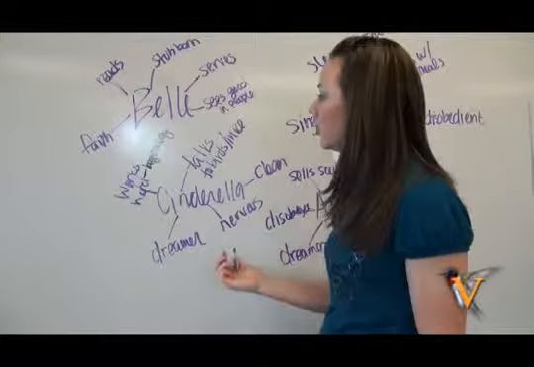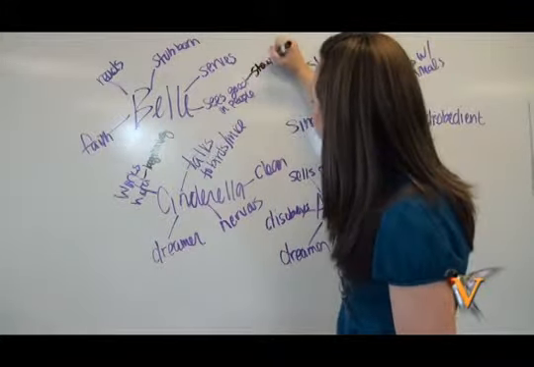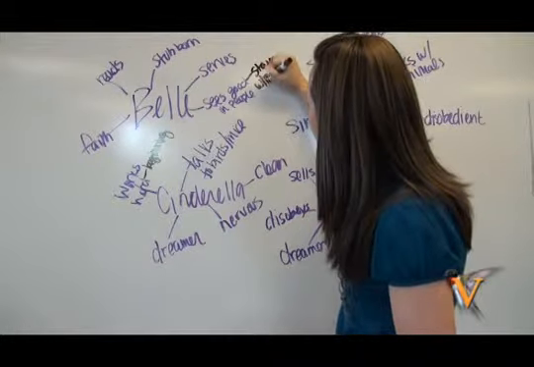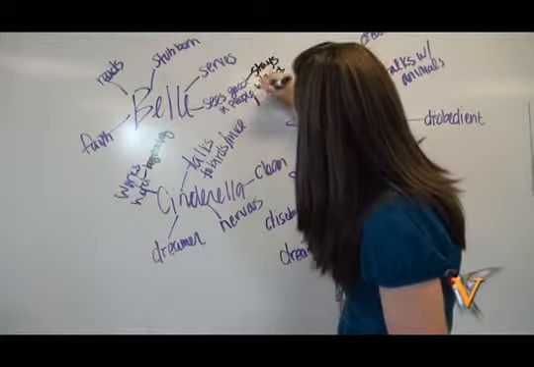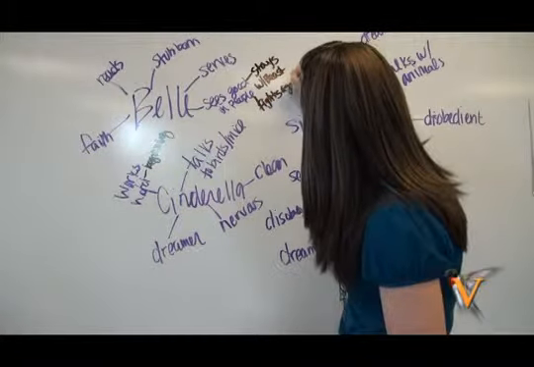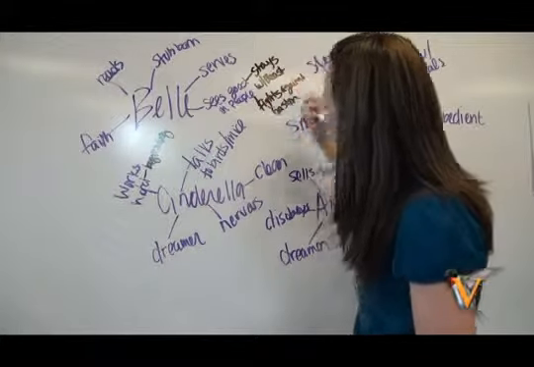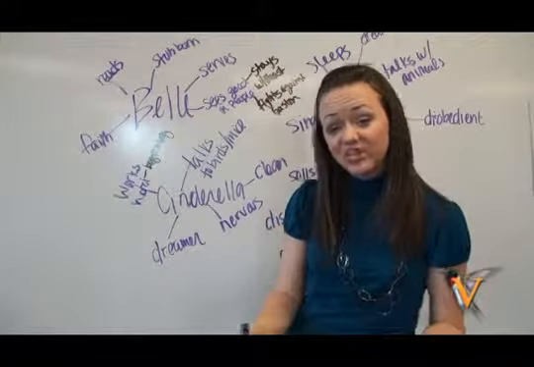So there's that example. Belle seeing the good in people, she stays with the Beast. She fights against Gaston, who is actually going to kill the Beast.